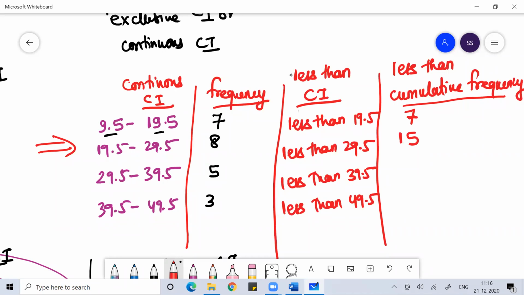Less than 39.5 means these numbers, that is 7 plus 8 plus 5, so that is 20. Then less than 49.5 means all numbers are less than 49.5, that is 23 numbers. This is what you need to understand. This is called cumulative frequency.